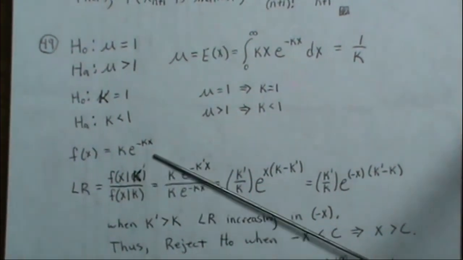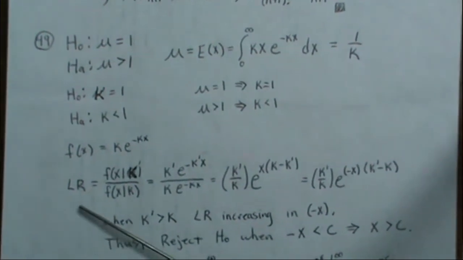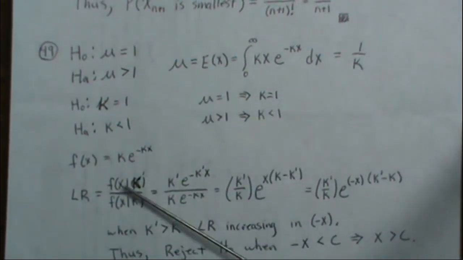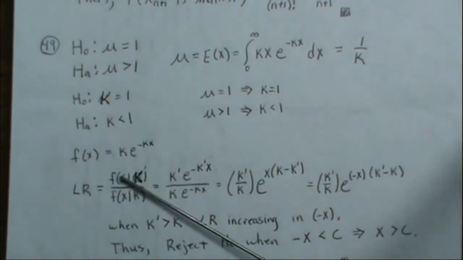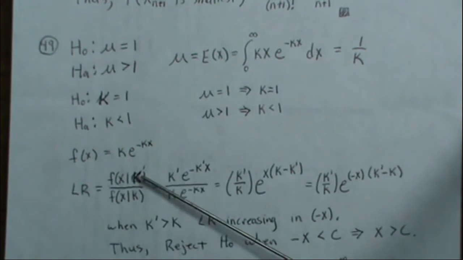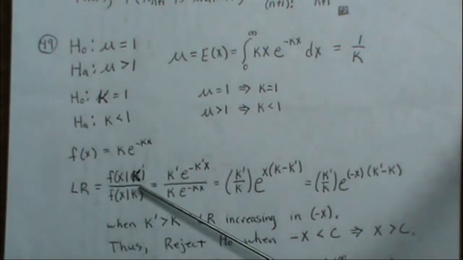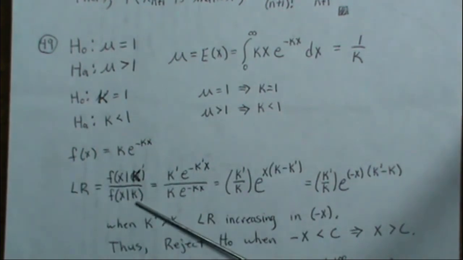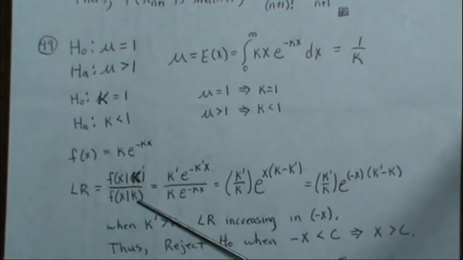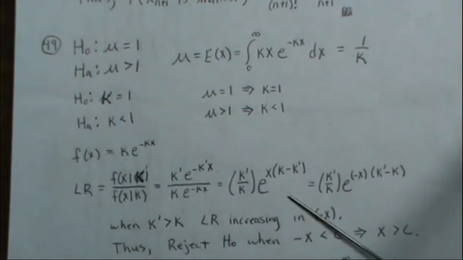So f of x is this distribution, and so the likelihood ratio is this, where you take the joint density, but there's only one value, so you take the density under some value k prime, and then the denominator f of x given k, and you solve it to this.